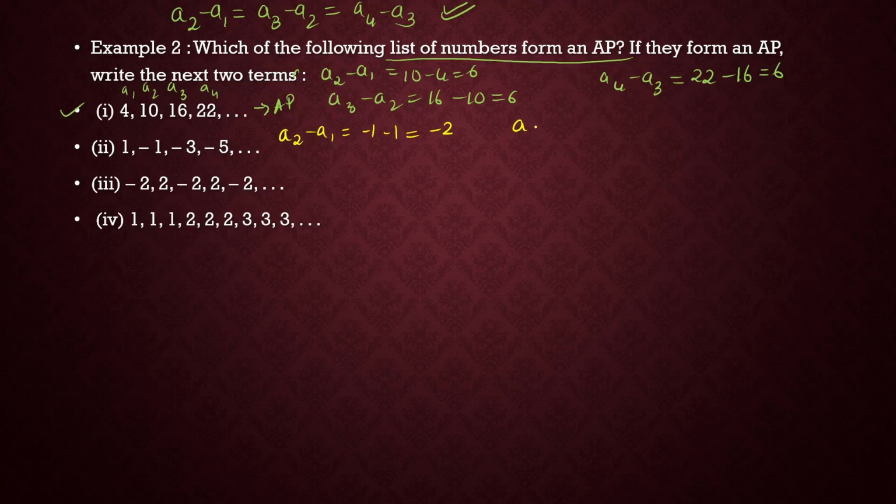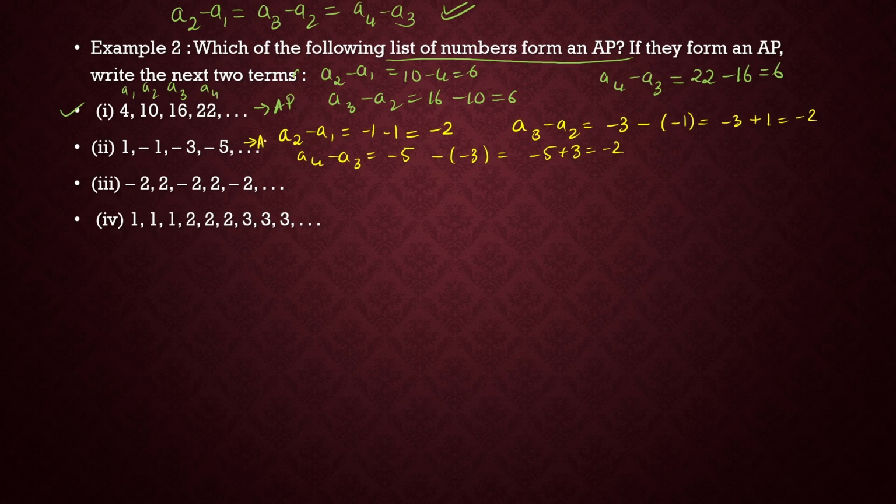Then A3 minus A2, that is equal to minus 3 minus of minus 1, which is minus 3 plus 1, that is equal to minus 2. Then A4 minus A3, that is minus 5 minus of minus 3, that is equal to minus 5 plus 3, which is equal to minus 2. So even this is forming an AP since this condition is satisfied. So this is also an AP.